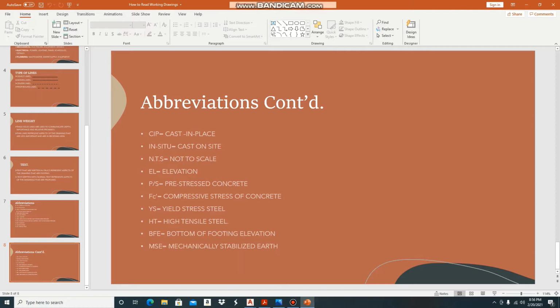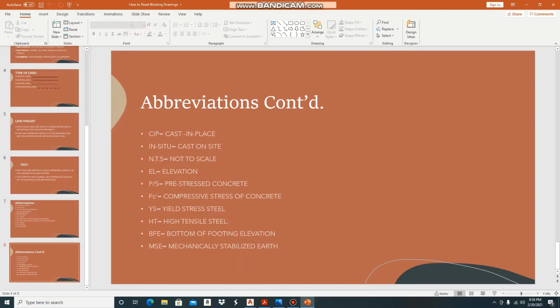But I must point out to you that some of these terms you're not going to see on your typical building drawings in Jamaica. In other words, you're not going to see them on your residential plans. You might come across some of these terms when you're dealing with industrial or commercial buildings, but for the typical residential plan in Jamaica, you're not going to see these terms, okay?